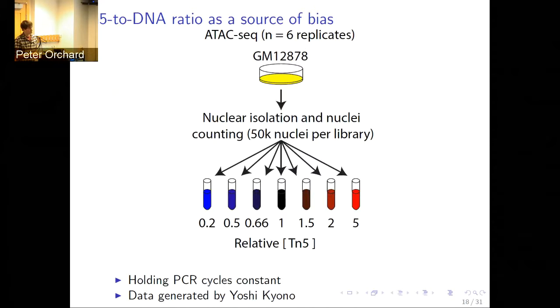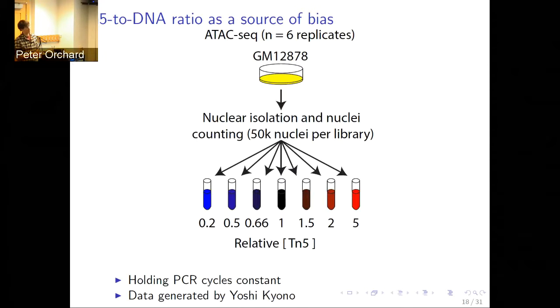With each one of those pools, you perform ATAC-seq with a different concentration of TN5. So that's just, again, changing the ratio of enzyme to DNA. And so you're getting 7 libraries out of each nuclear isolation. And we did this 6 times. So then you have 6 by 7, or 42 libraries.